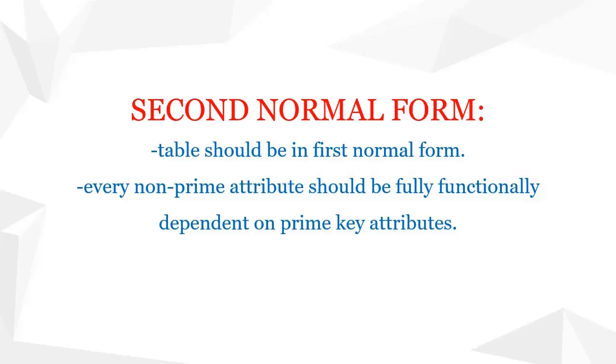That is the null value. A table does not allow a null value for a prime key attribute. And a table can have only one primary key, which may be a single field or a combination of multiple fields.